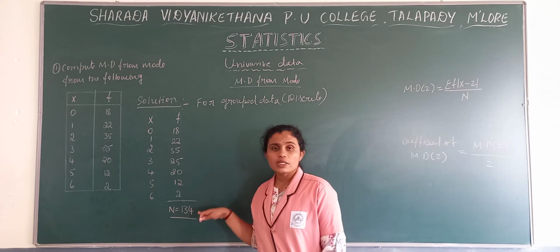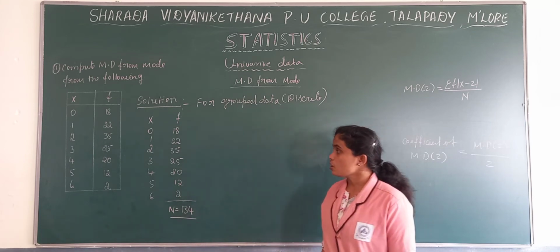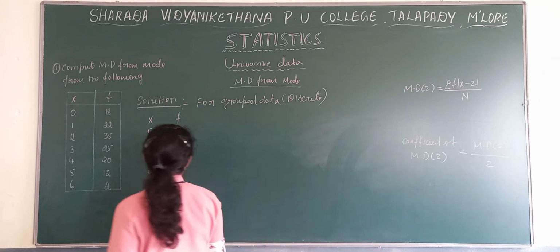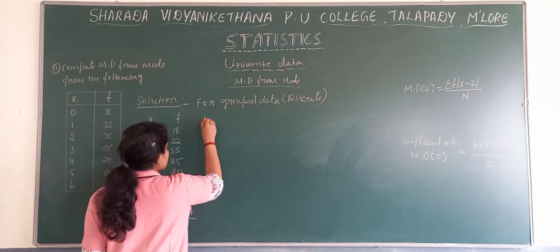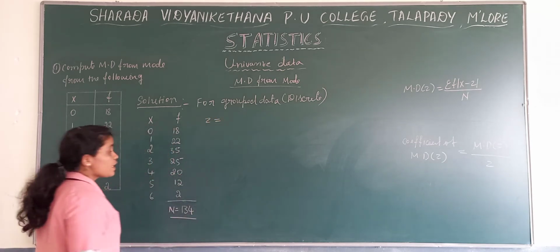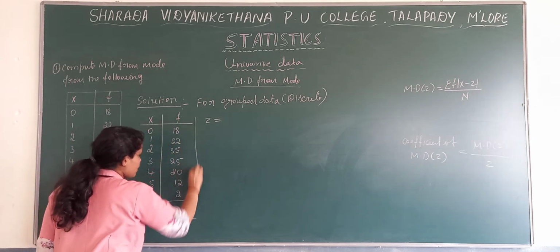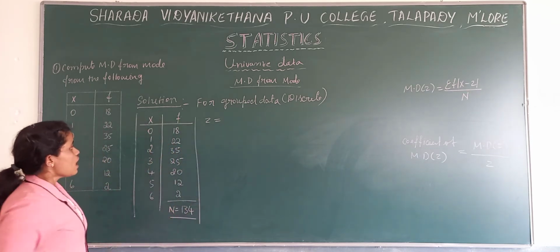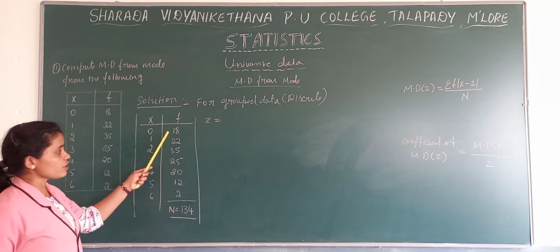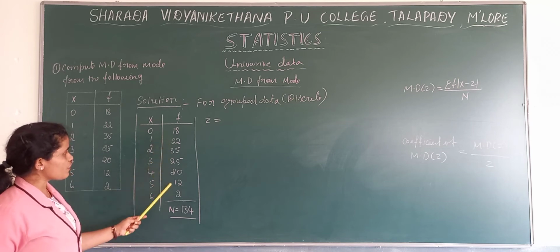When we have a discrete frequency distribution, how do we find the mode value? Here the mode value z, in case of discrete, we need to check which is the highest frequency. Now check the frequency. Which is the largest frequency here?